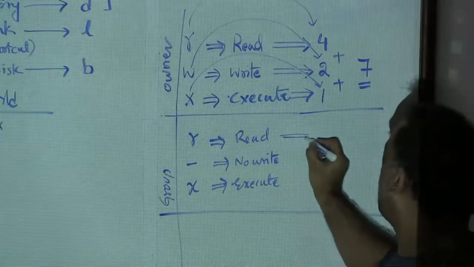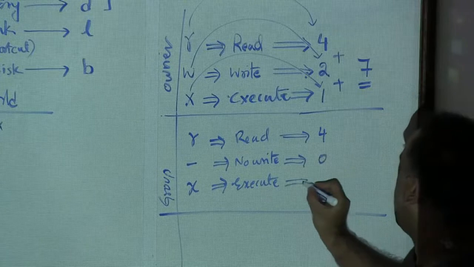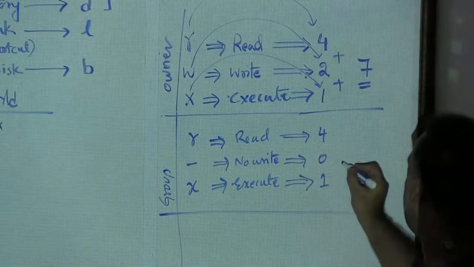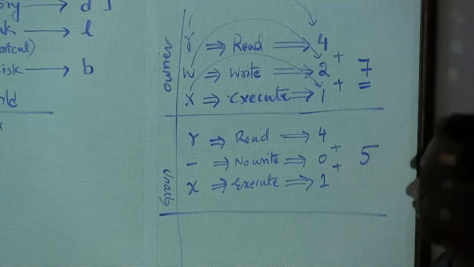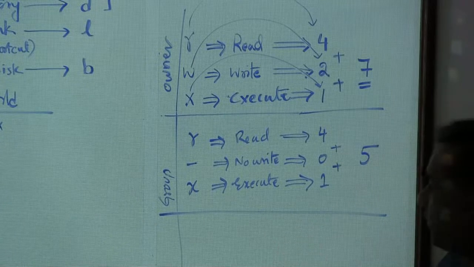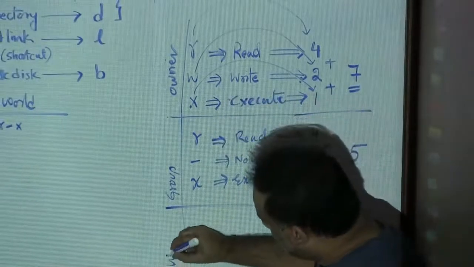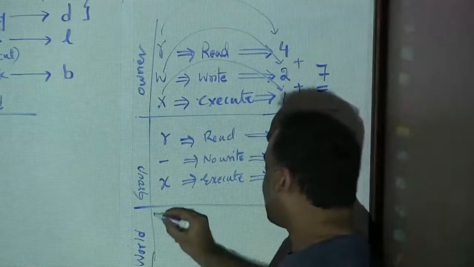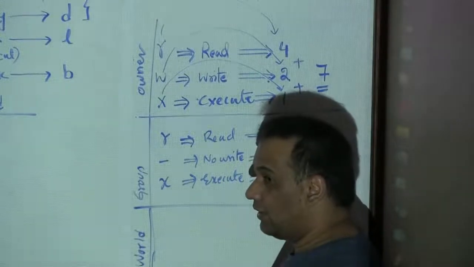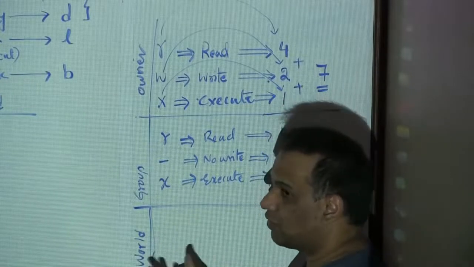So now if I start looking into this, I have 4, I have 0, and then I have 1. So the group members are getting the permission 5. Now looking into the third part here. The third part is the world, the rest of the world. Anybody who has access to the server. Anybody who doesn't have access, it doesn't matter, they cannot log in.